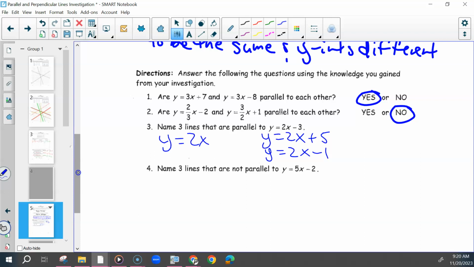Now I need 3 different people to give me a line that is not parallel to number 4. Or I can volunteer somebody.